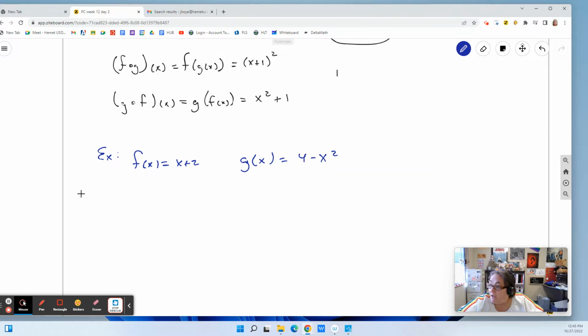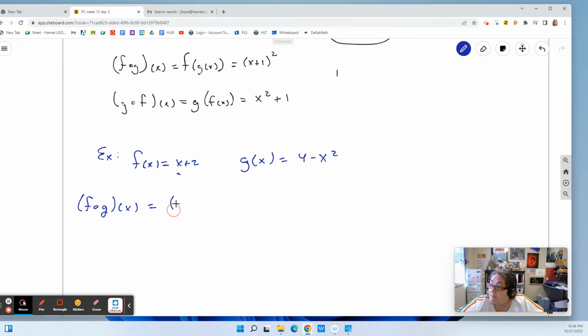If I want to find out what f of g of x is, we're going to plug g into x, right? So anywhere I have an x right here, I'm going to plug in 4 minus x squared.